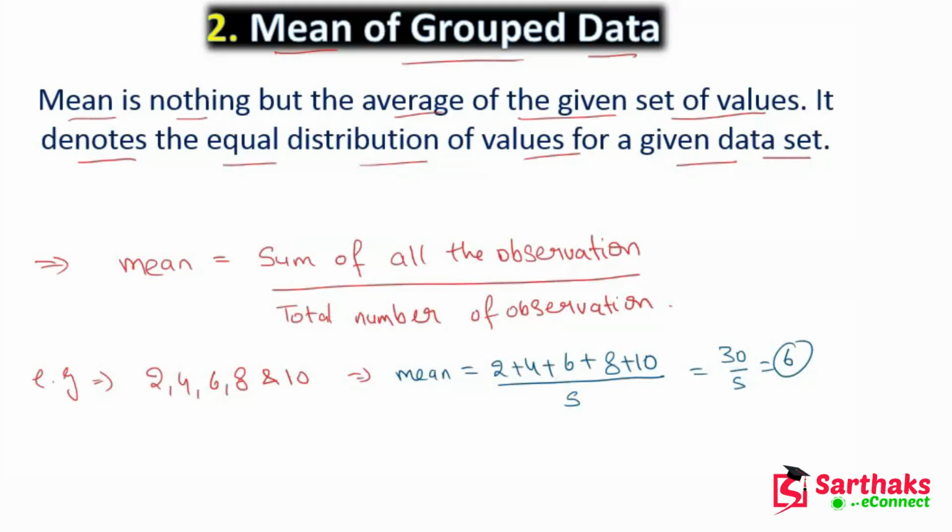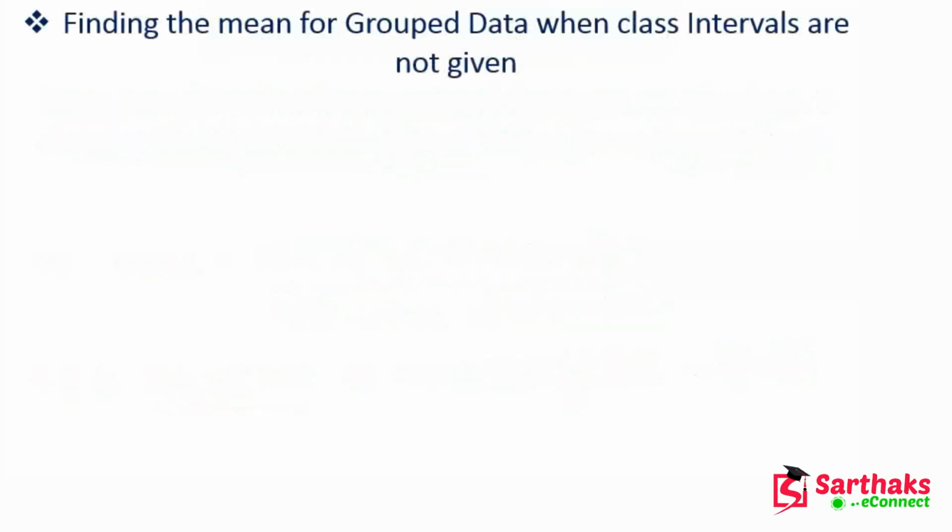Now, this method is possible because the data is small. When the data is large and in intervals, then the method of finding the mean is different. So first of all, finding the mean for grouped data when class intervals are not given.